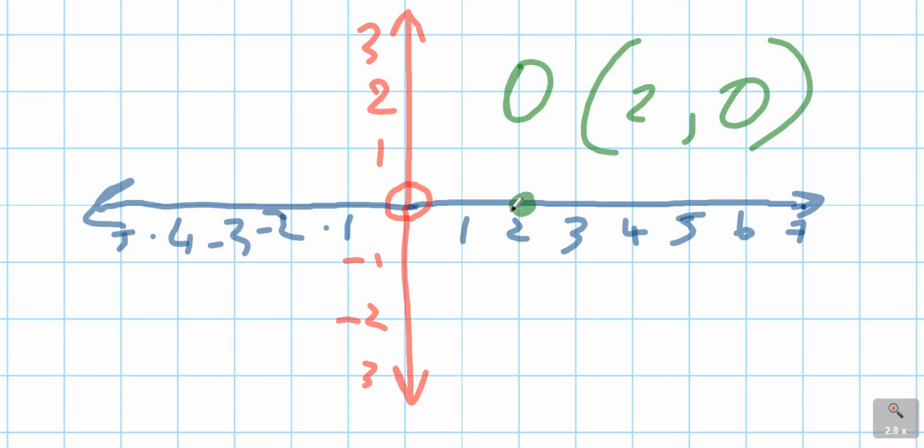And it doesn't matter if it's negative or positive. Always look at the values in the point, or the values of the coordinates, to determine where you go from the origin on the x-axis and on the y-axis. That's it.